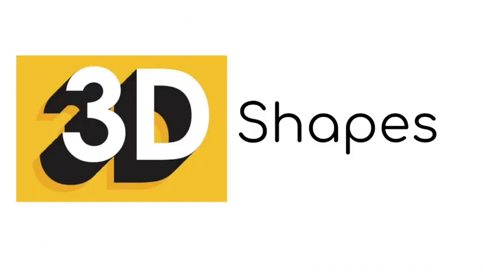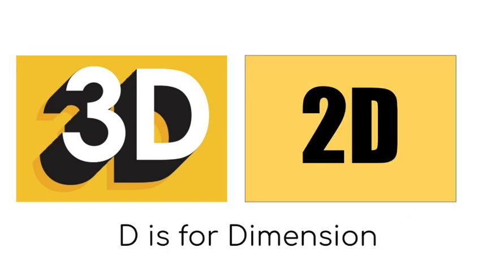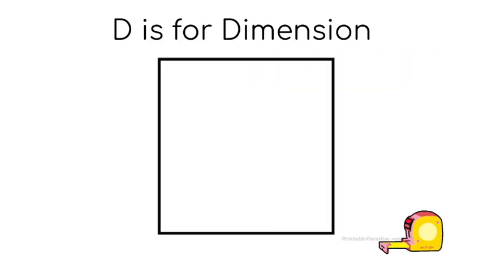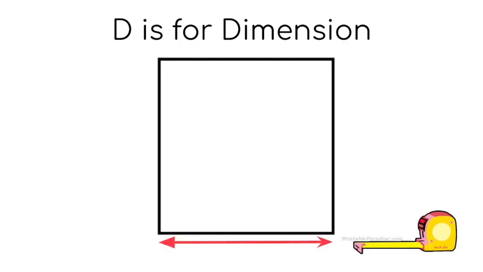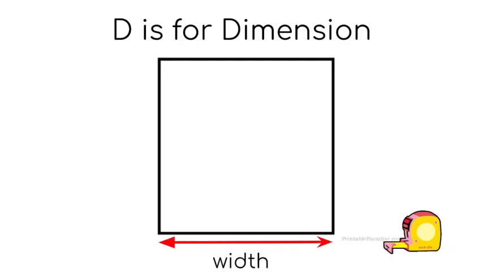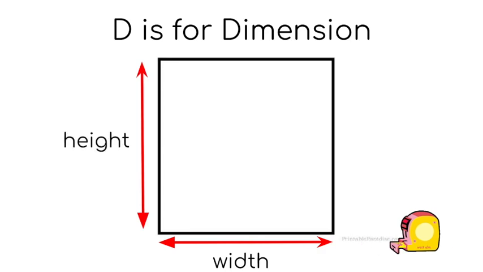Okay, last part, we learned in math was 3D shapes. D is for dimension. We talked about the difference between 3-dimensional shapes and 2-dimensional shapes. This is a 2D shape, meaning it only has a width and a height.